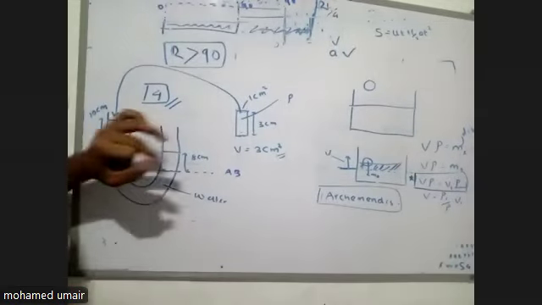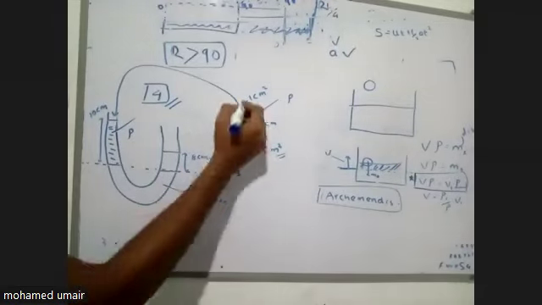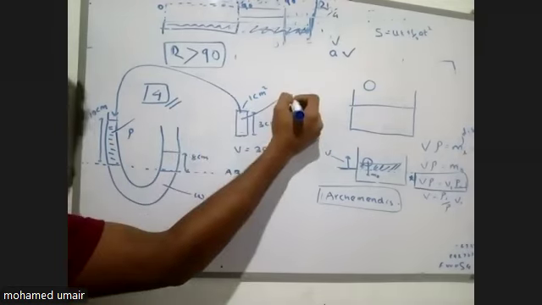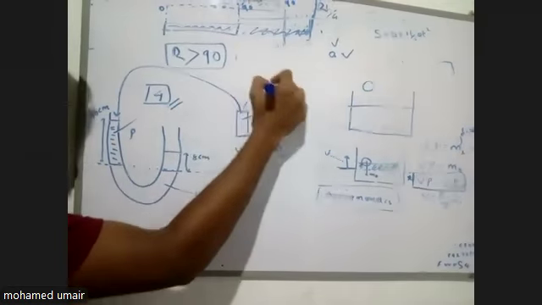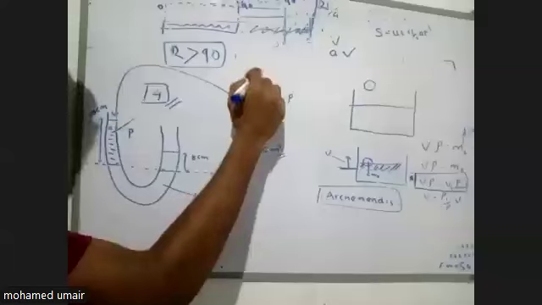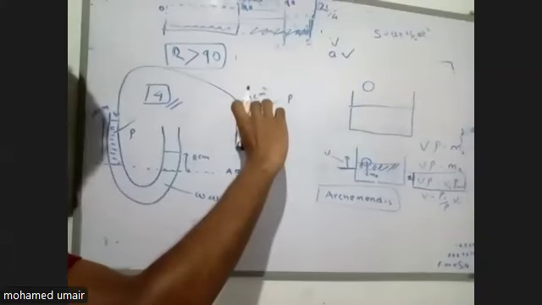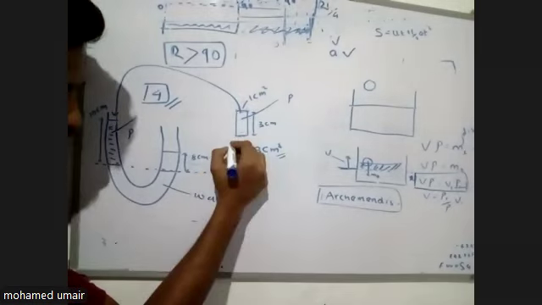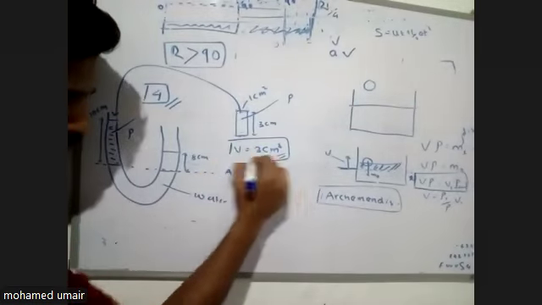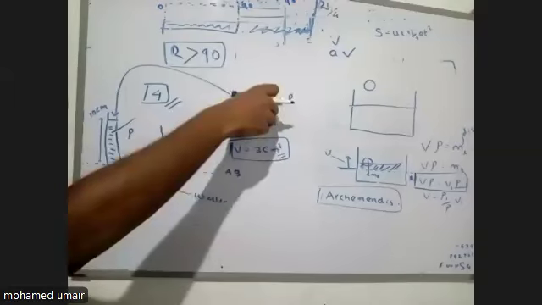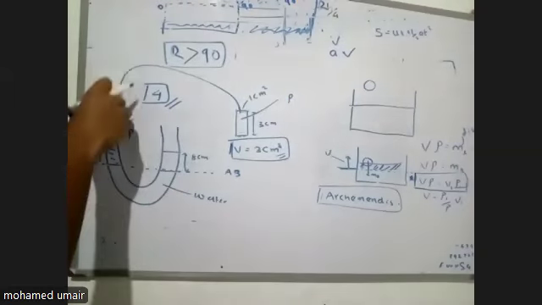Now let's get into our point. We are given a rod P which has a cross-sectional area of 1 centimeter square and the height of it is 3 centimeter. So the volume of this object is 3 centimeter cube. And what they're doing actually is taking this rod and entering it inside this U-tube.